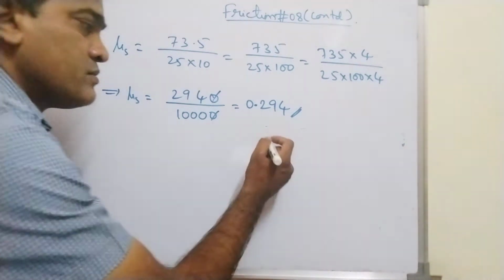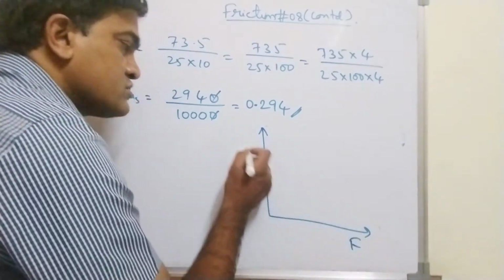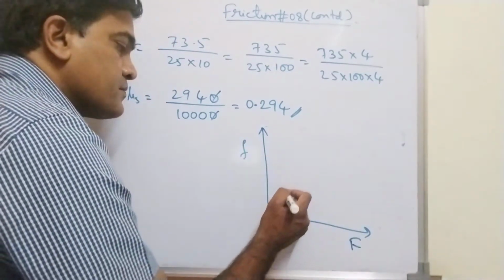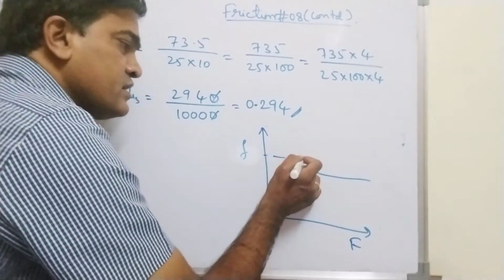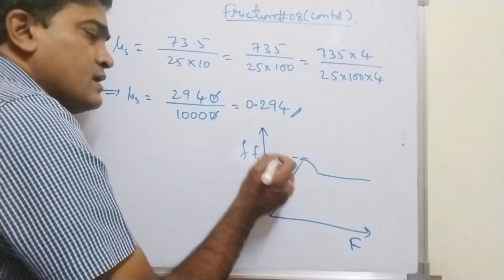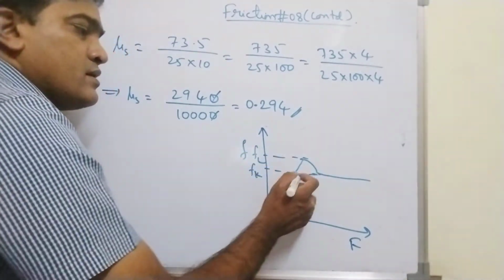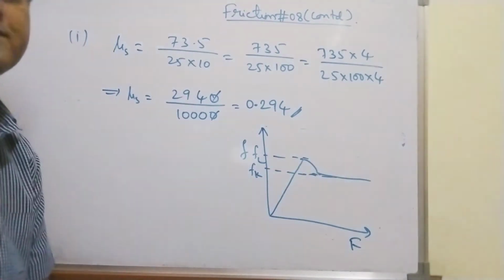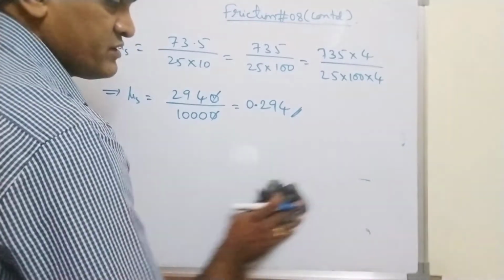In the graph, this is applied force, this is frictional force. The graph looks like this. Till here, this is the maximum limiting friction, and after that you get Fk. Kinetic friction remains constant. Remember the graph, which is very, very important.